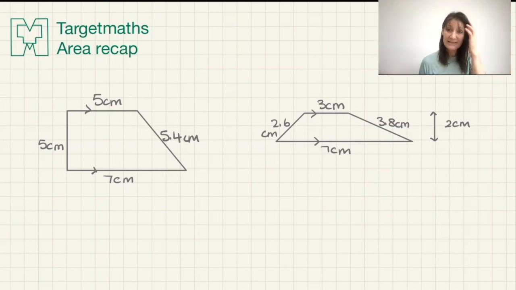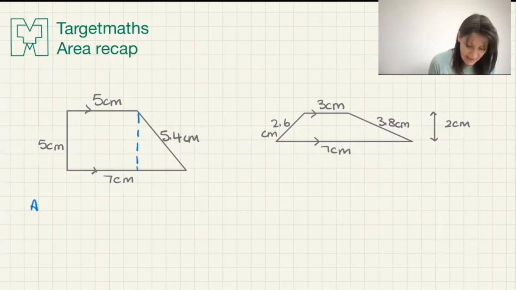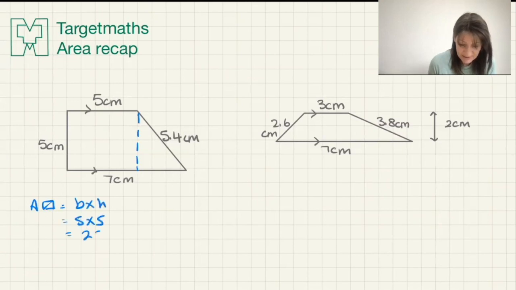Now, trapezium has its own formula, but you can, on occasion, get away with not using it. So this is an example of where we could get away with not actually using it, because if I split the shape here, then I've got a rectangle and a triangle. So I can say, right, the area of my rectangle, which is base times height, is 5 times 5, which is 25.